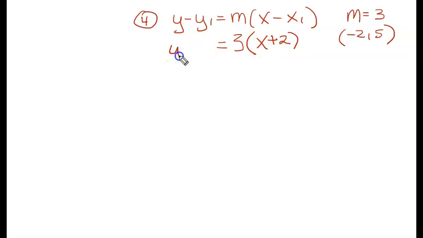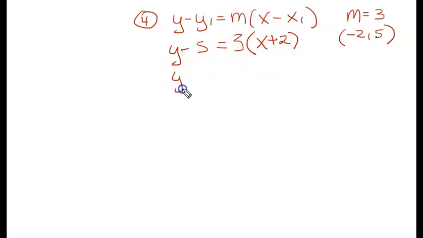And on this side, y minus, and in this case, it would just be the 5, -5. So this is now in point slope form. How do we get it to become standard form? Well, we have to clear parentheses.